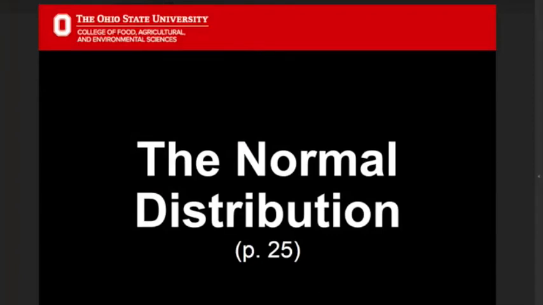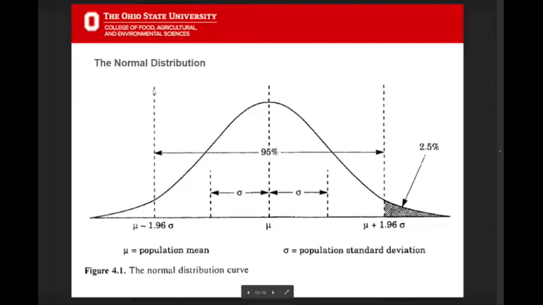Looking here at the normal distribution, this is described in the text in some detail here in chapter 4. This is on page 25 of the text. The normal distribution is shown as this bell-shaped curve that many of us will be familiar with.